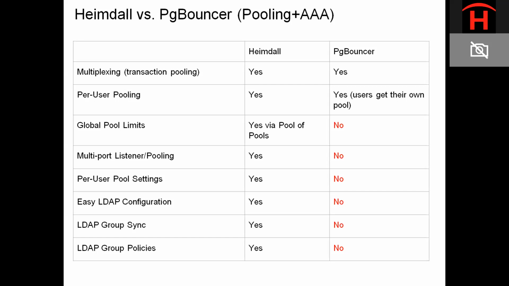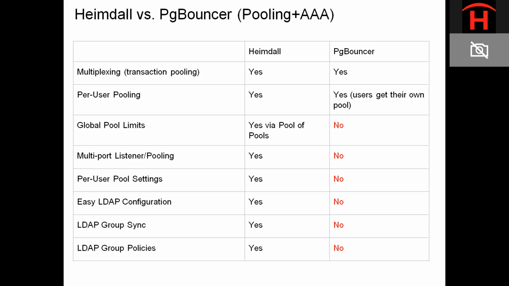Heimdall, however, has both global connection pool limits and per user connection pool limits. And you can even change connection limits on a user by user basis on the fly. So you can set policies that say user A, use pool A, or use up to 10 connections.